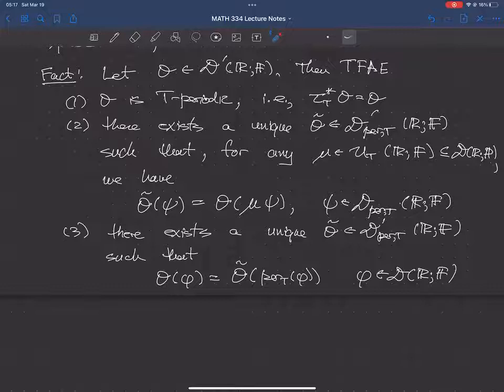All right. So let's look at convolution of periodic distributions.